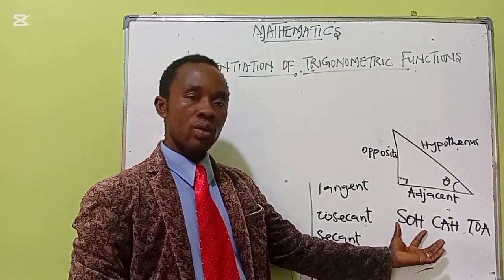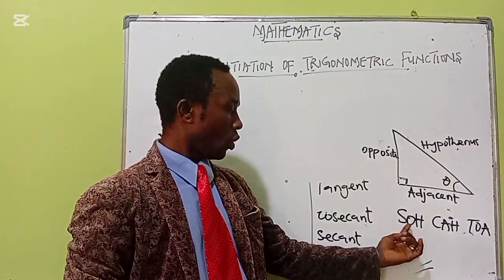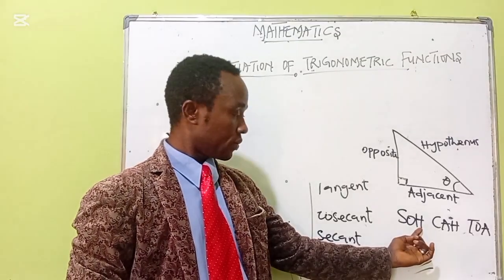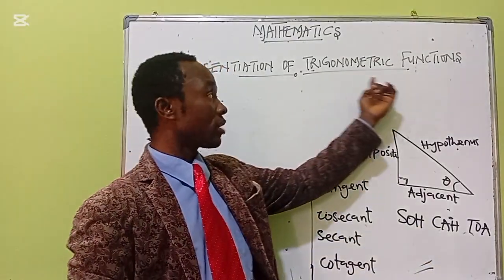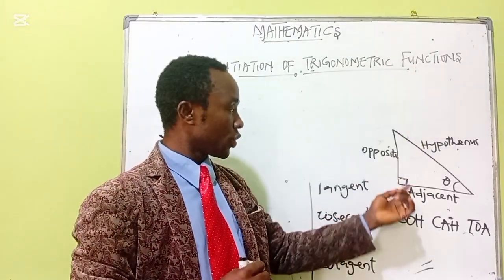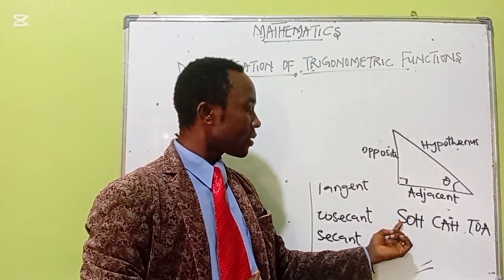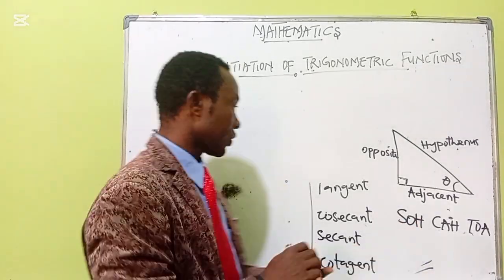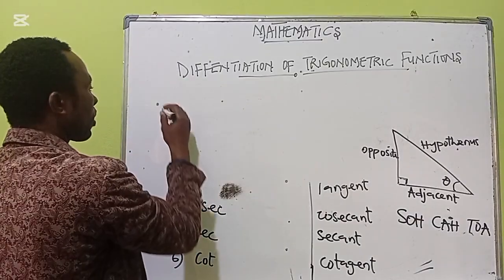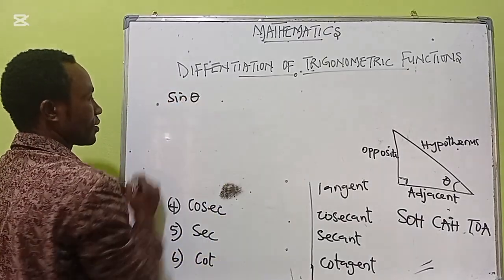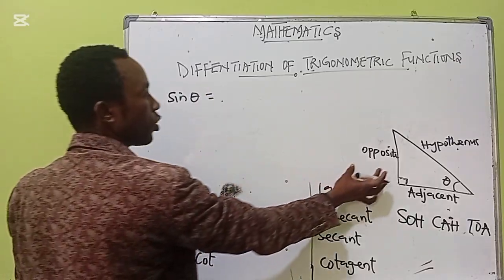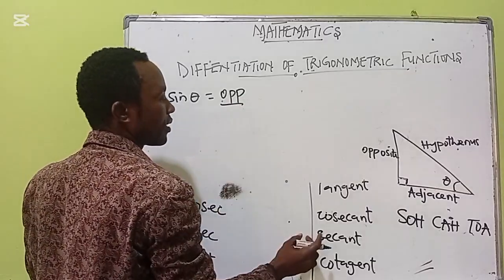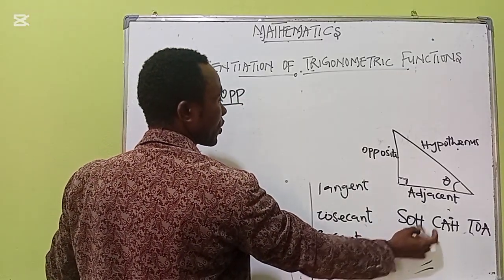What we mean by SOH is that sine is opposite divided by hypotenuse. That is a ratio. That is why we call it trigonometric ratios, the ratios on a triangle. So our sine theta is always equal to the opposite side, this side, divided by the hypotenuse side, which is this side.